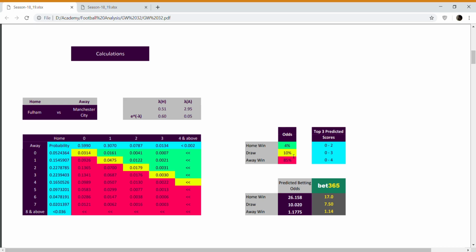Okay, now I'll just scroll through the probability tables for the rest of the fixtures, and you can pause the video and have a look at them.